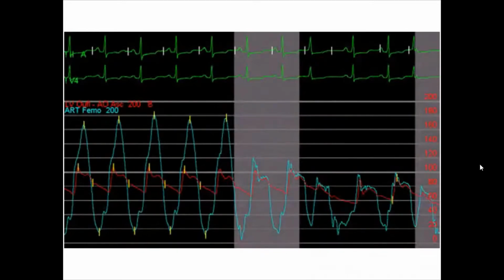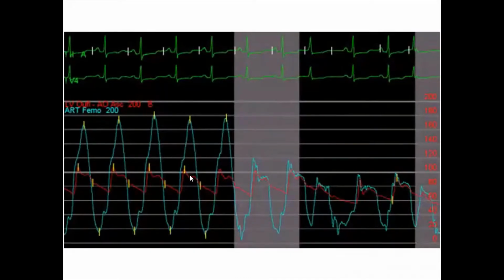This supports the diagnosis of mid cavity obstruction, either aortic stenosis or dynamic mid cavity obstruction. It supported dynamic LVOT obstruction because I moved from the mid cavity to the LVOT, or subaortic area. This is the LV catheter. So this supports the diagnosis of dynamic LVOT obstruction.